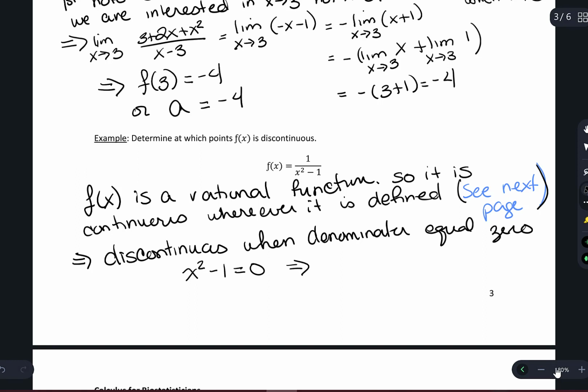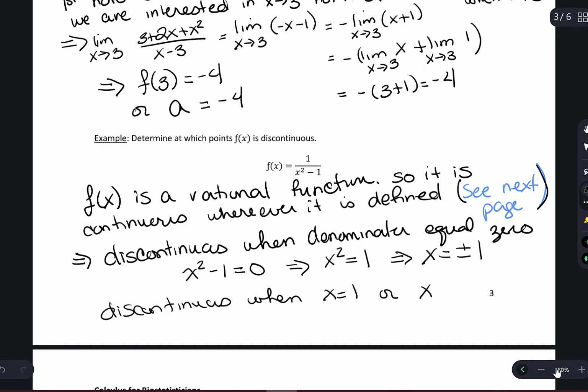And notice this becomes x squared is equal to 1, or x is equal to plus or minus 1. So it can be a negative 1 or a positive 1. So here we would say discontinuous when x is equal to 1 or x is equal to negative 1.